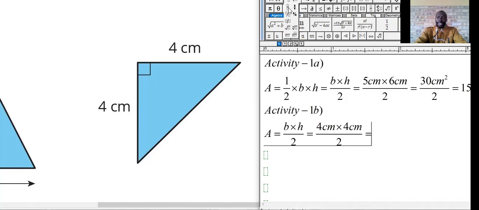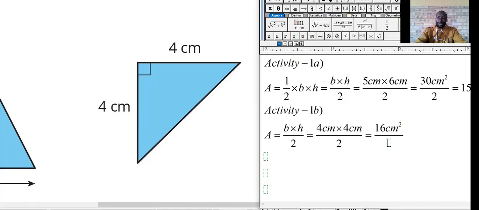And for the denominator, we are going to have 2. And when we divide 16 by 2, we get 8. So our final answer is going to be 8 centimeter what? Centimeters squared. So that's going to be the value of our area of the second triangle.